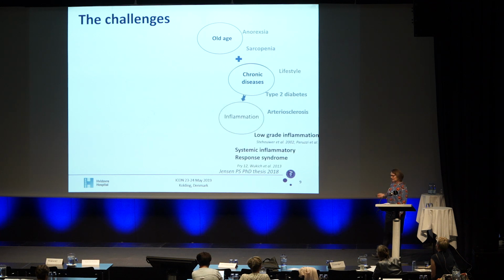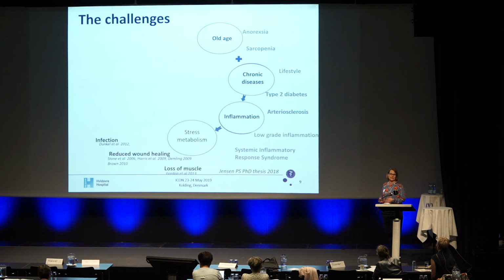So the low-grade inflammation is there, they're affected by it, and some of the patients, when they come to us, fulfill the SIRS criteria, that is, the systemic inflammatory response syndrome. And all that leads to the patient being in what we call a stress metabolism. So their metabolism is higher than a healthy person's.